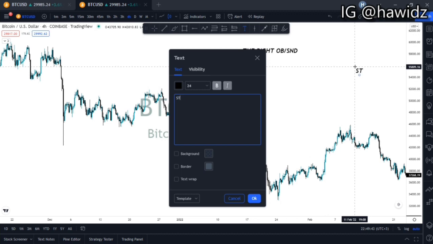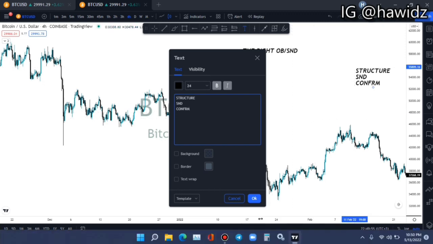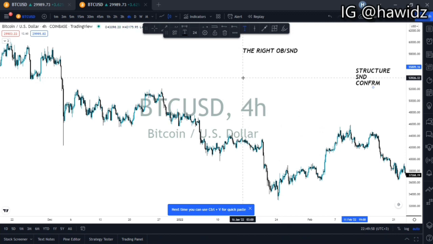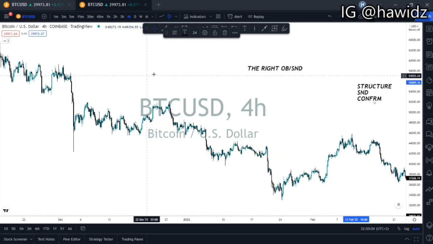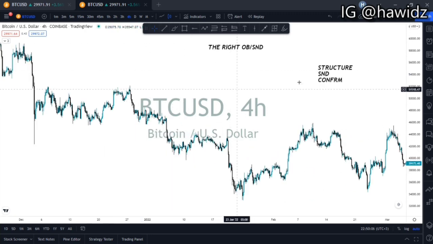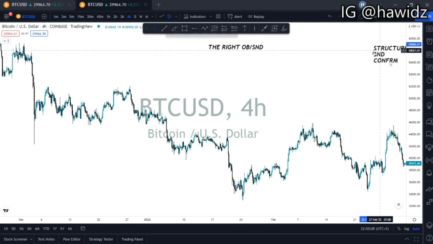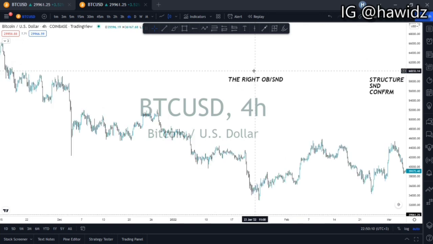So we have structure, S&D, and confirm. So these are the three things that we smart money traders always use, right? So without wasting time, let's just get straight into today's point.